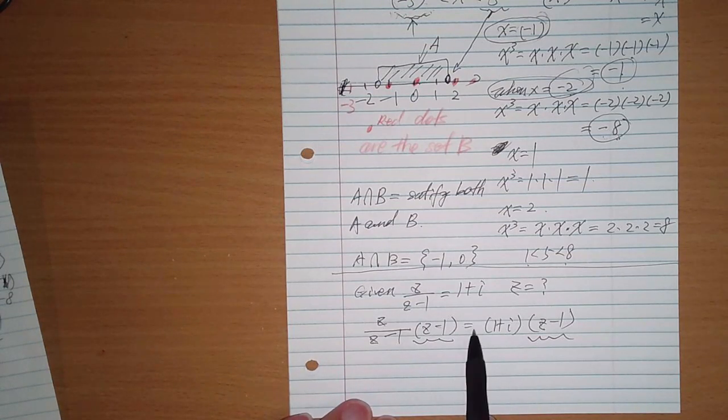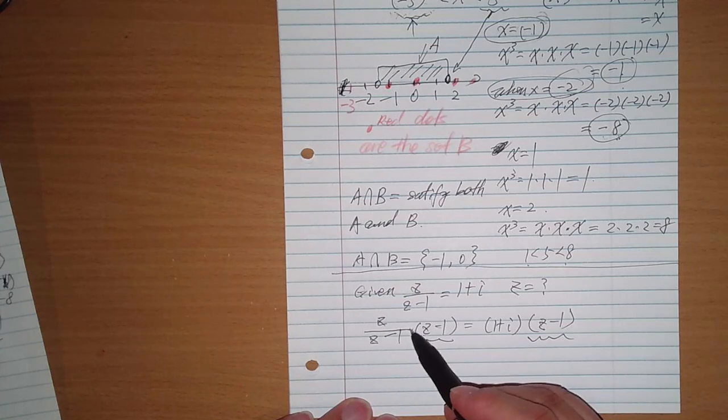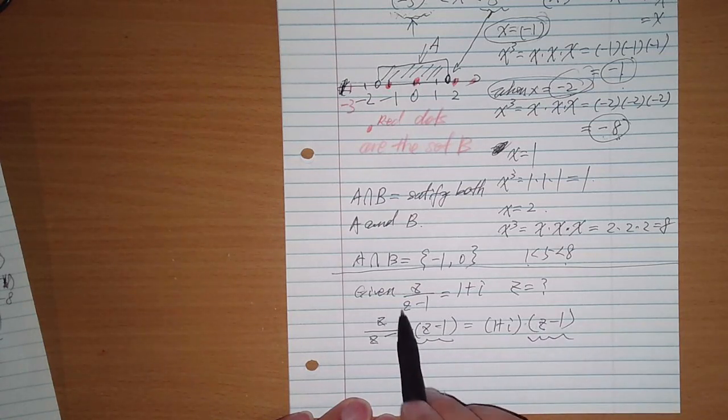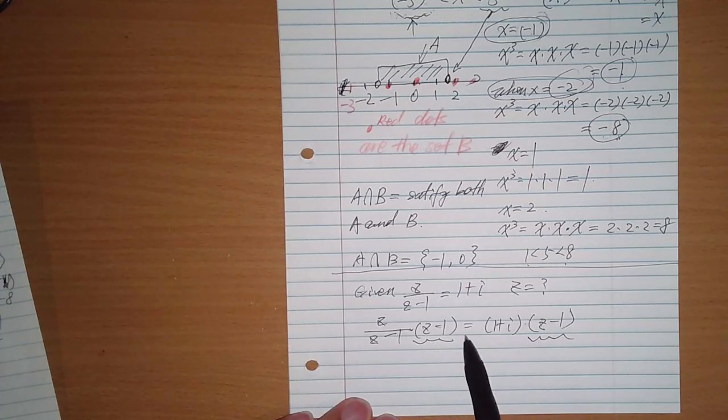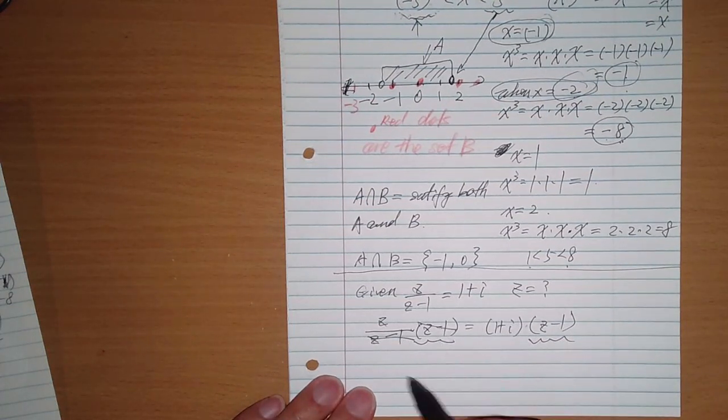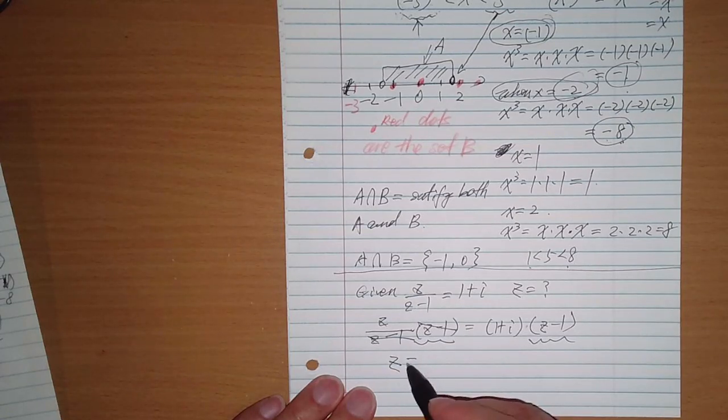One thing about the equal sign is the following. If we use the same operation, in this case multiplication with the same number, which is z subtract 1, on both sides, then the equal sign still holds. So this cancels out, and on the right hand side it's just z.